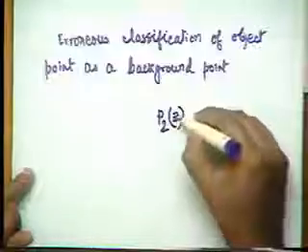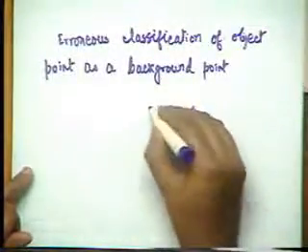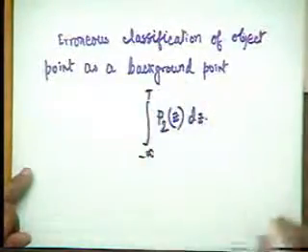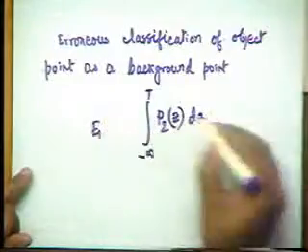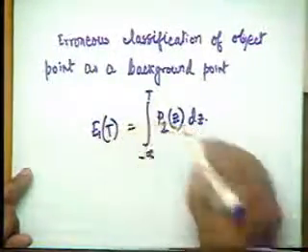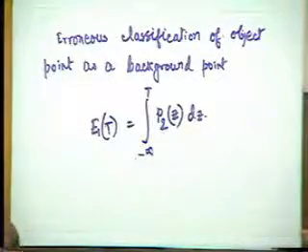So, what we must do is integrate P2Z with respect to Z within the limits minus infinity to t, and that gives us the error probability that an object point is wrongly classified as a background point.